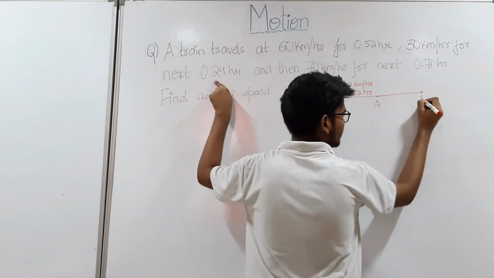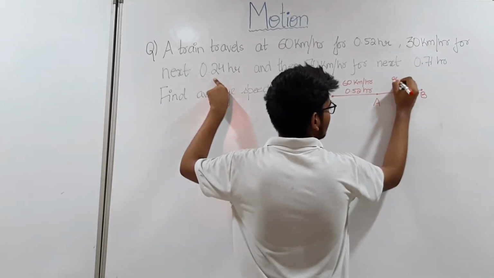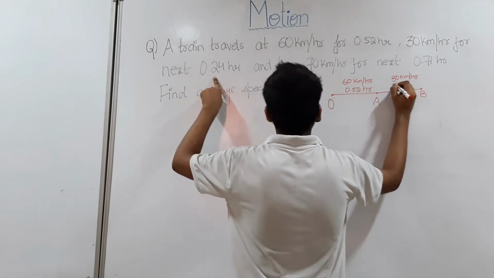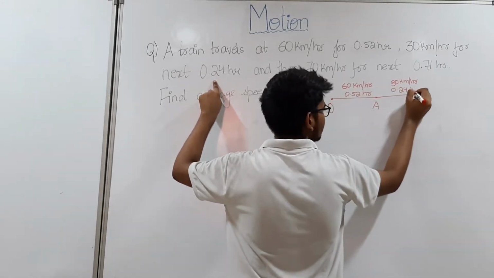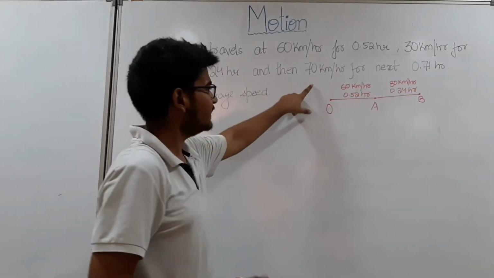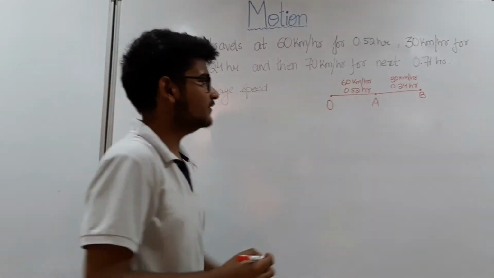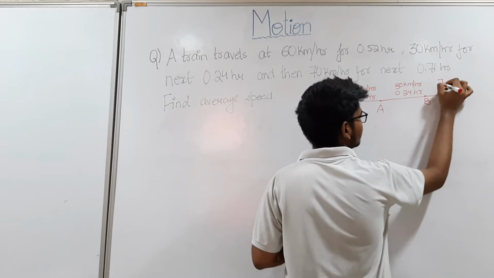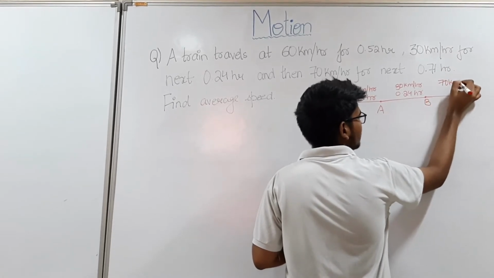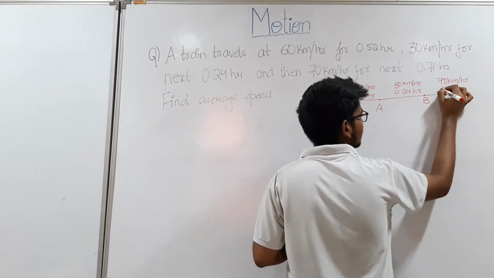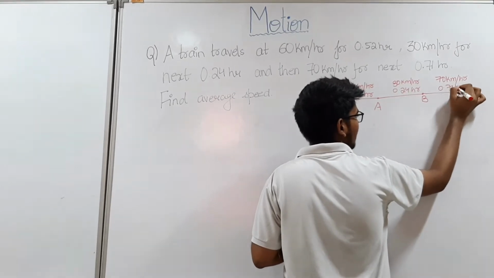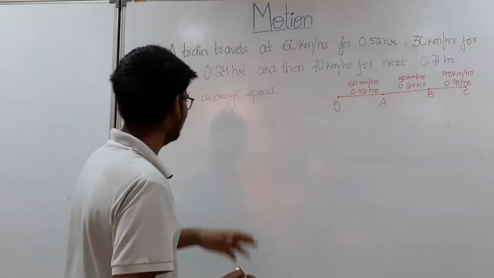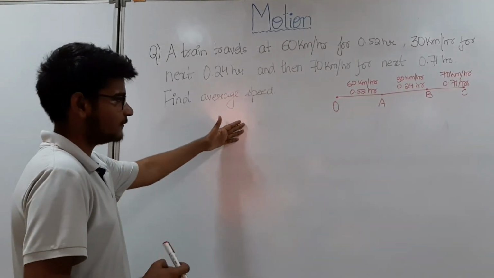So point B, 30 kilometer per hour for 0.24 hours. Then 70 kilometer per hour for the next 0.71 hours. So point C, 70 kilometer per hour for 0.71 hours. So this is the diagram for the train. So we have to find out the average speed.